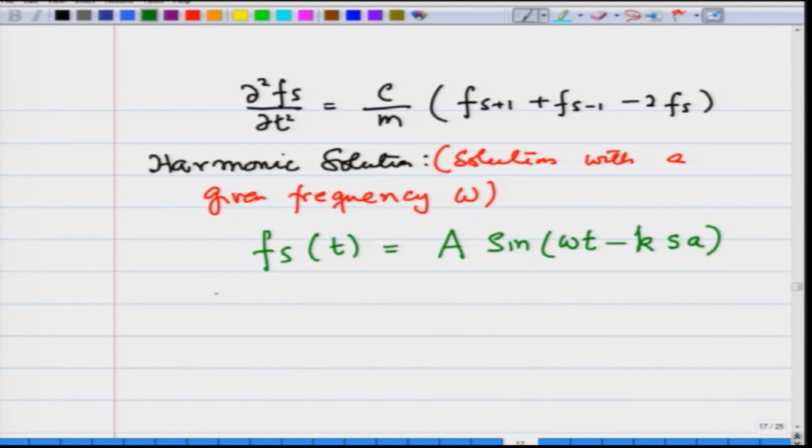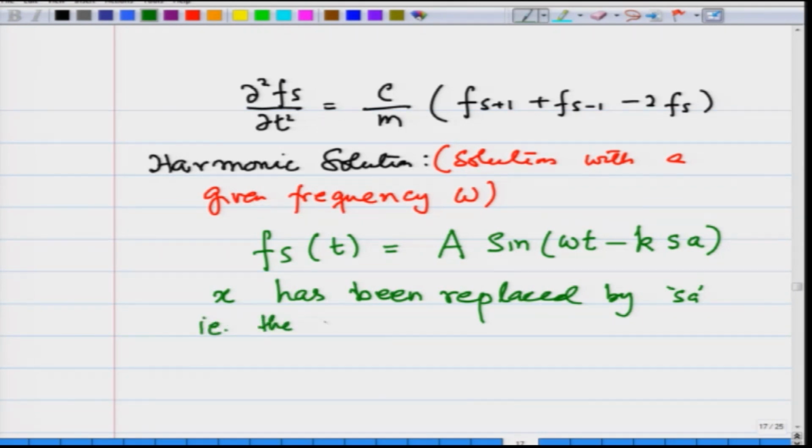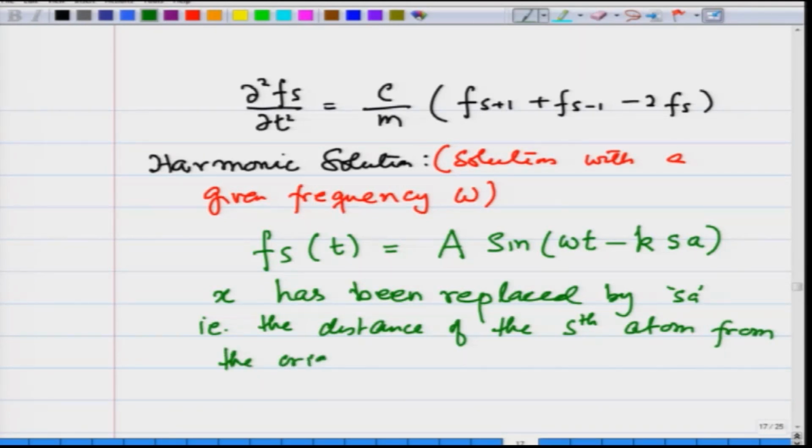So, x has been replaced by s a, that is the distance of the sth atom from the origin, which I will call s equal to 0.